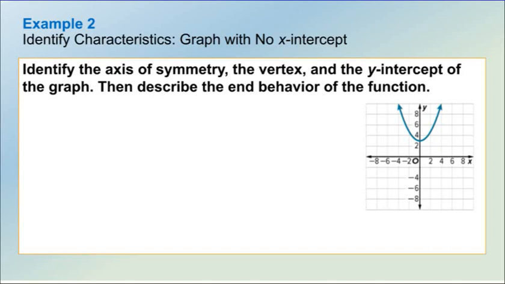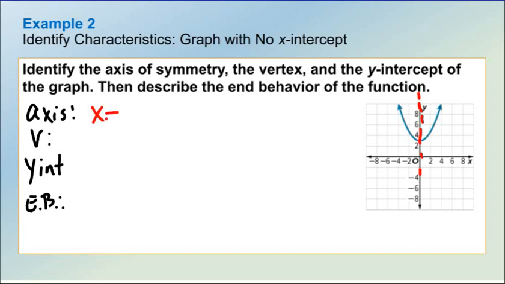Next, we're doing the same thing, finding the same parts: the axis, the vertex, the y-intercept, and the end behavior. The axis of symmetry is at x equals 0.